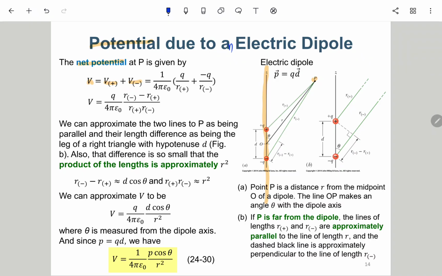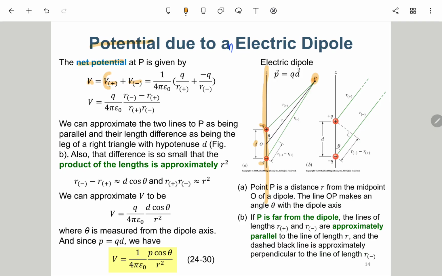we have two charges with the same magnitude but opposite sign placed close together with a distance d, one positive q, one negative q. So when we consider V at point P, we have two charges.